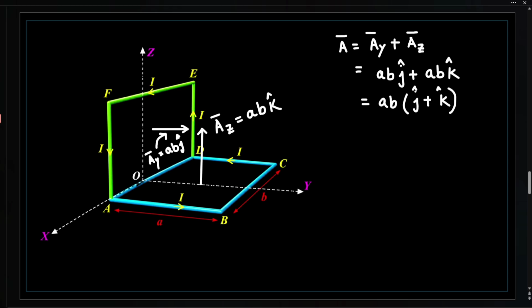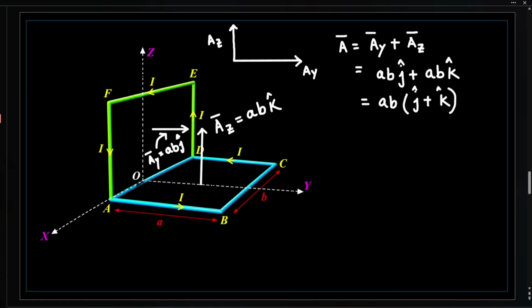Now these two vectors, AY and AZ, you can represent like that. Take this as AY and take this as AZ. Both lengths should be equal, but there is no space to draw, that's why one length is short and one length is bigger.